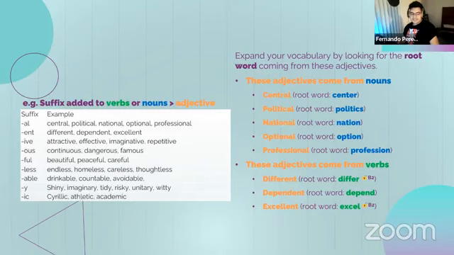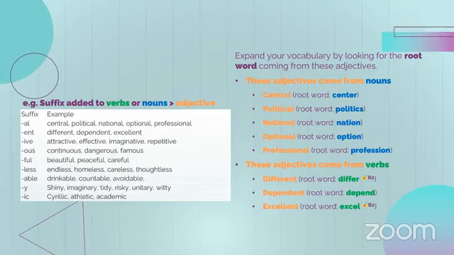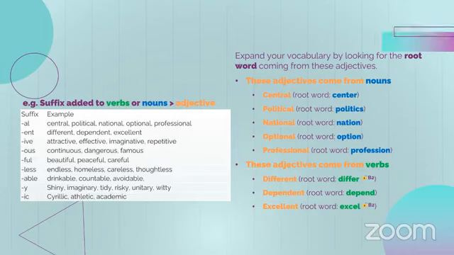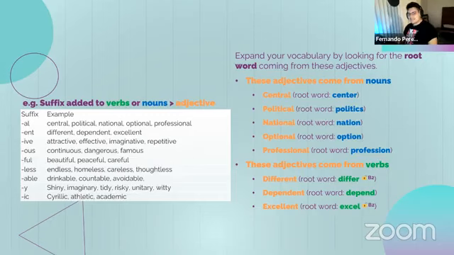In danger of extinction. The connectors can help you know which one it is. In danger. Connector in. Is it a verb? No, it is not a verb, because a verb is an action.